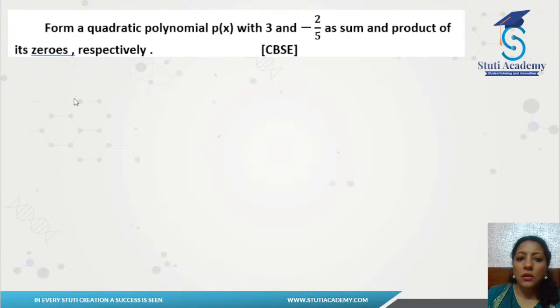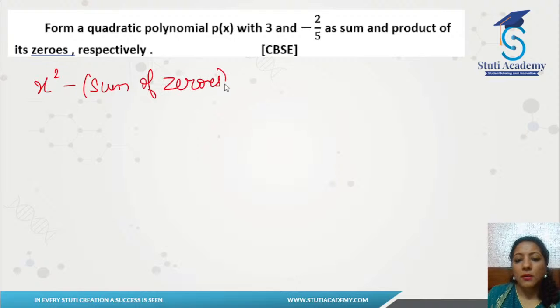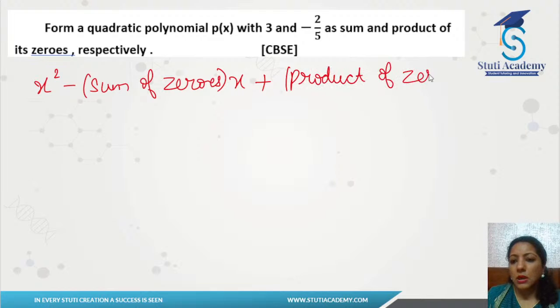So the formula for forming a quadratic polynomial is x square minus sum of zeros into x plus the product of zeros. Now in this question, the sum and the product, they're both given to us.